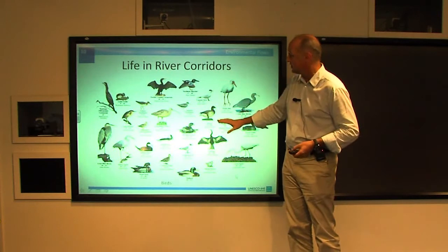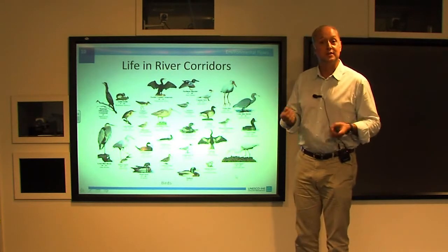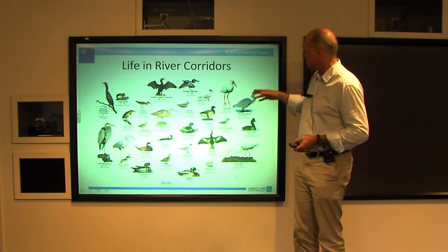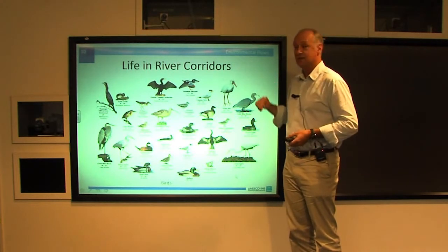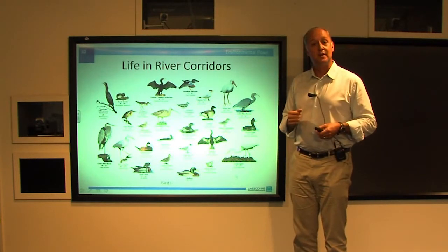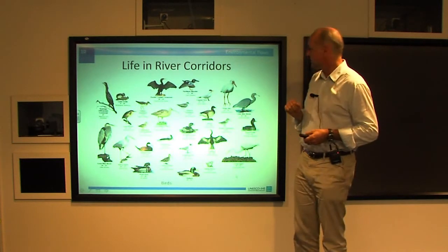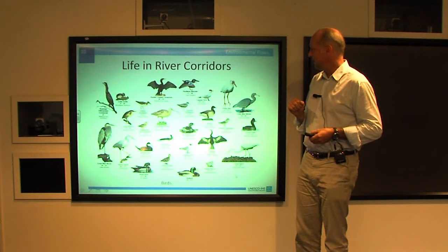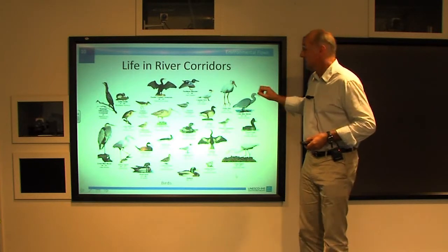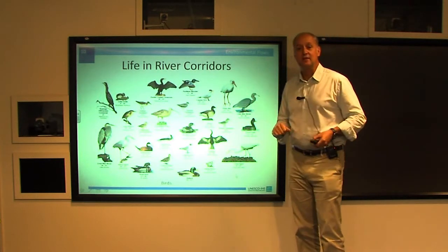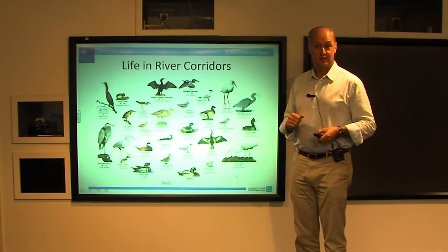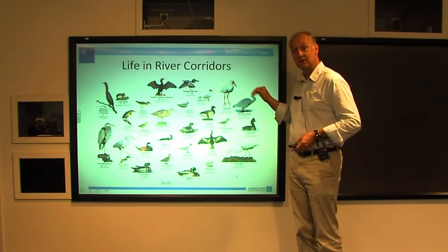Here we have a collection of water birds that you'll recognize as ducks and cranes and cormorants and the like. These also play a very important role, most often as a predator in the system, so consuming the organisms inside the river. But these birds are very often the objectives of our conservation programs, so they may be conservation targets.